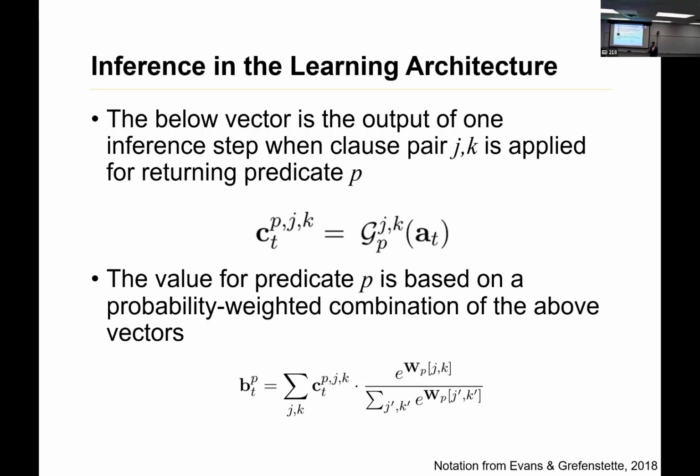And the intuition here is you could think at every inference step, I'm applying all the rules, but I'm applying them probabilistically. I'm applying all pairs of rules probabilistically. This is the probability at which I apply this one rule.